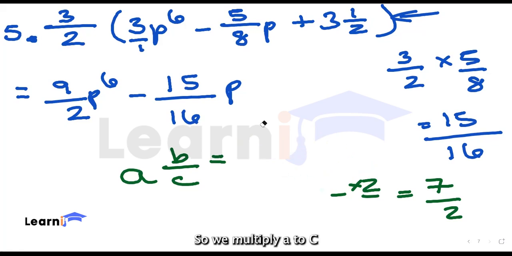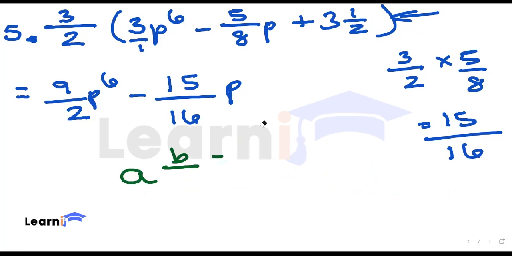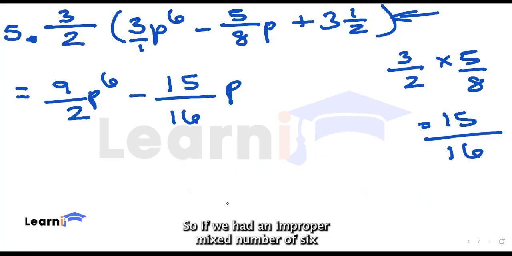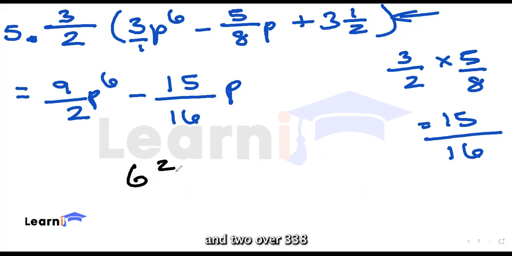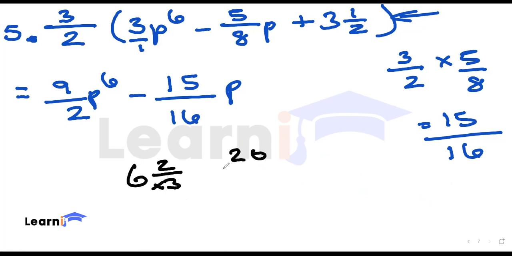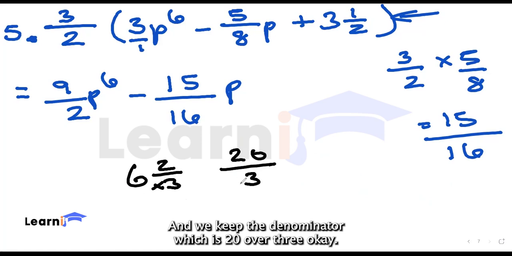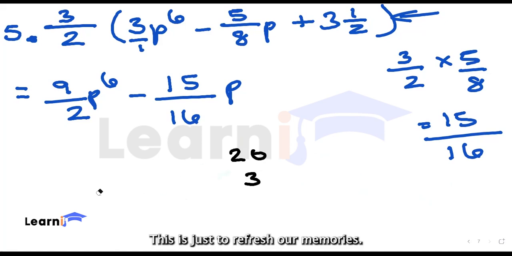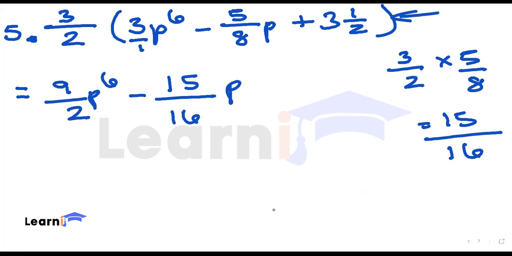So we multiply A by C and then add it to B. So if we had a mixed number of 6 and 2 over 3, we're going to multiply these two numbers. That's going to give us 18 plus 2 is 20, and we keep the denominator, which is 20 over 3. Okay, this is just to refresh your memories.